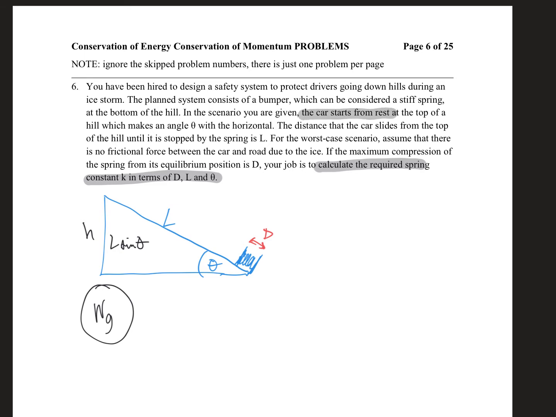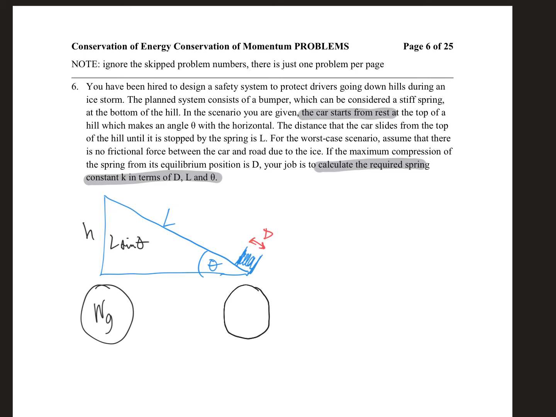So there's no speed, no kinetic energy to deal with. And then at the end of it, still no speed. So kinetic doesn't even show up in this problem. There's no gravitational potential because it's at zero height, but we did all this work done by a spring.